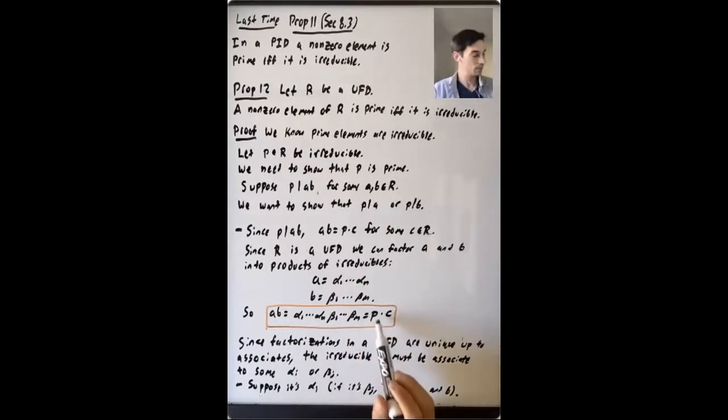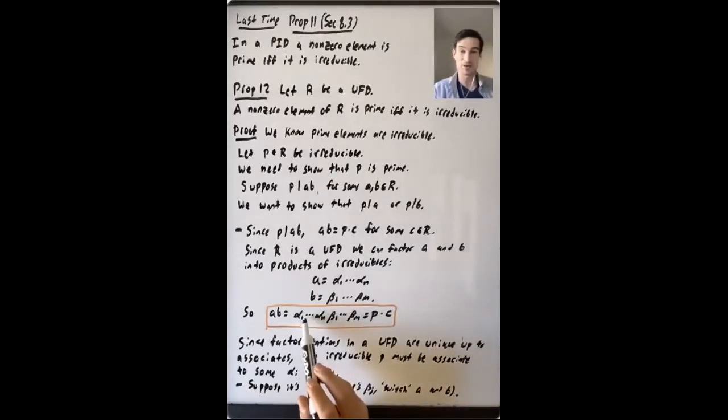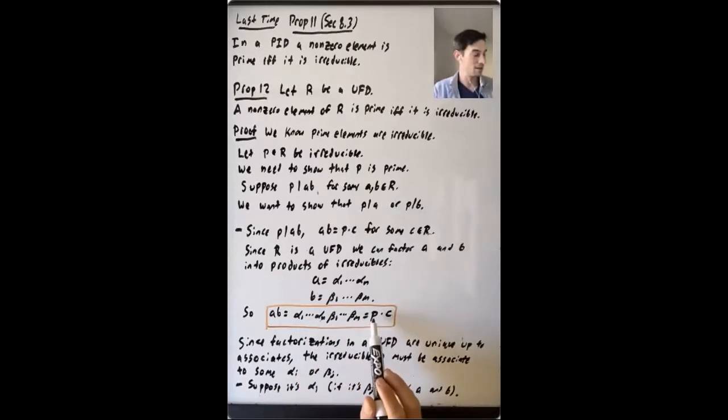So after all that rearranging, p is going to occur in this list of finite irreducibles in the factorization of p times c. So that means that p must be associate to either alpha 1 or alpha 2 or alpha 3 or one of these alphas, or beta 1 or beta 2 or beta whatever up to beta m. So there has to be some irreducible on this list that p is associate to.